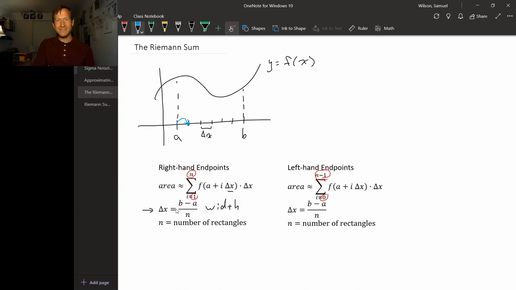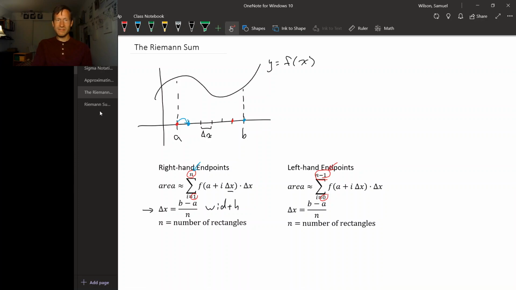So i is the number of steps that you're taking to the right, so i needs to start at 1 to get to this first right-hand endpoint. To get to the last right-hand endpoint, you have to take n steps, and that's why there's an n here. For left-hand endpoints, on the other hand, your first left-hand endpoint is 0 steps, so i has to start at 0, and your last left-hand endpoint is at n minus 1 steps, so that's why there's an n minus 1. But other than that, the two formulas work exactly the same.